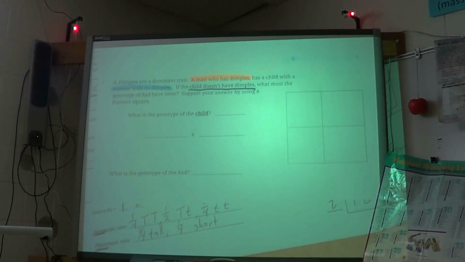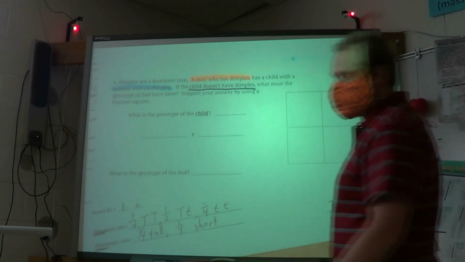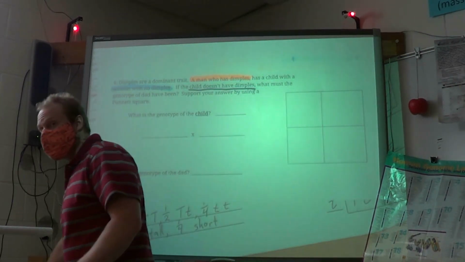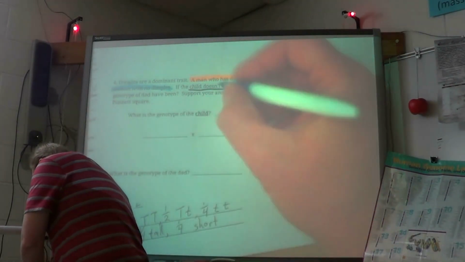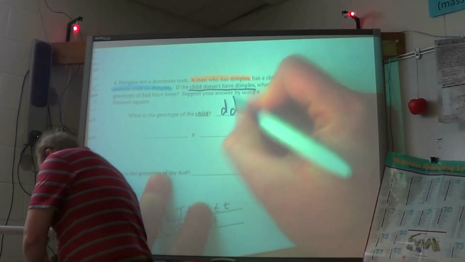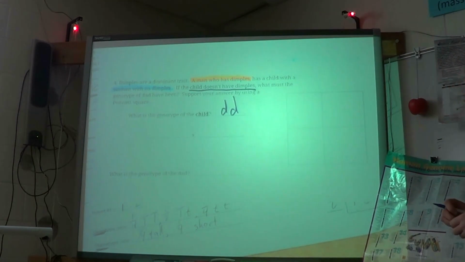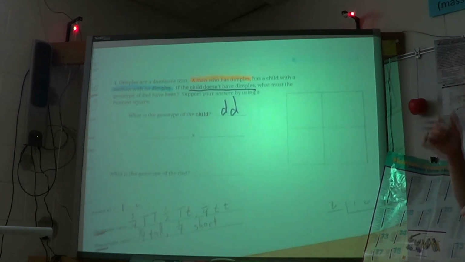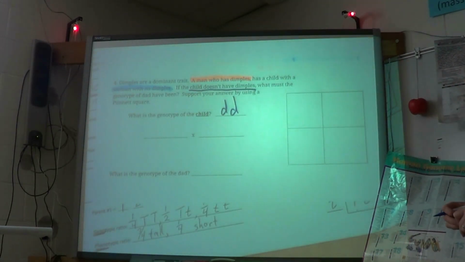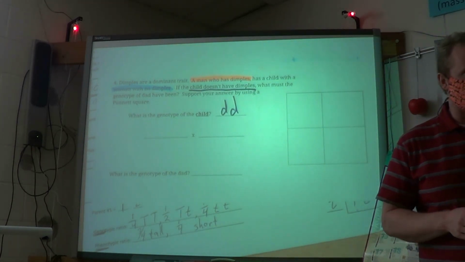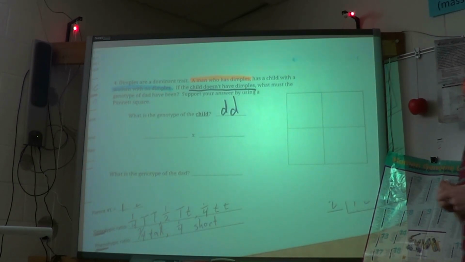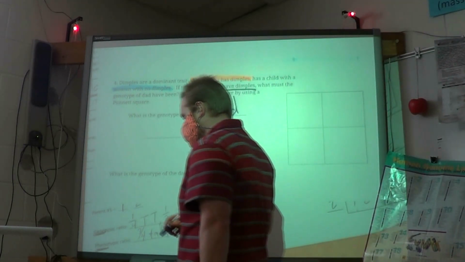Recessive, and what's the only way we can see a recessive trait is if the child was homozygous recessive. So the child does not have dimples. The child would have to be big D, little d. I'm sorry, I said that wrong. The child would have to be little d, little d. No dimples, that's a recessive trait. They must be homozygous recessive.